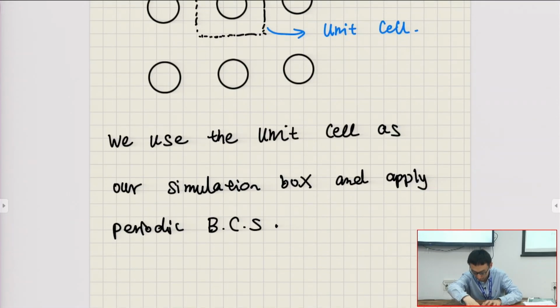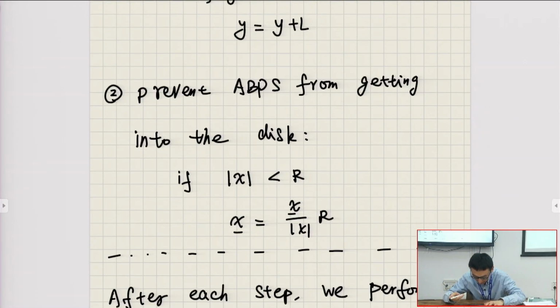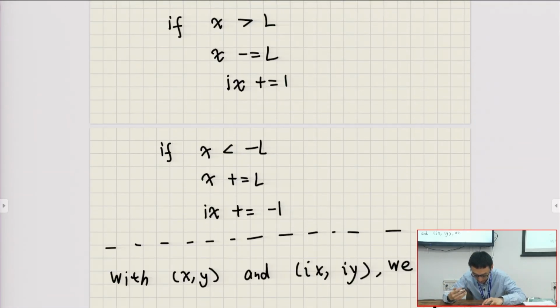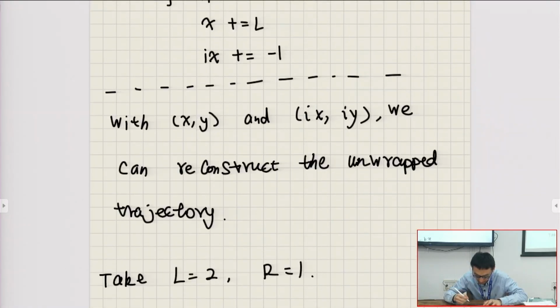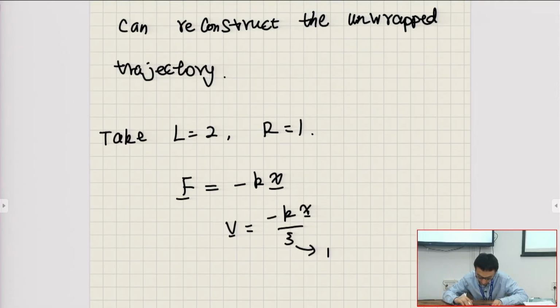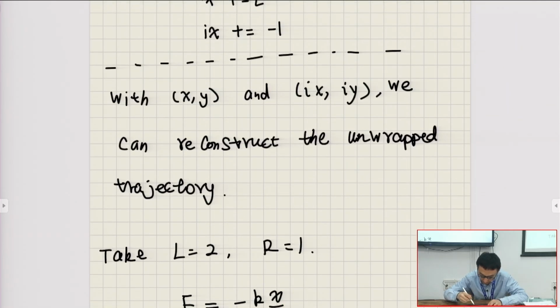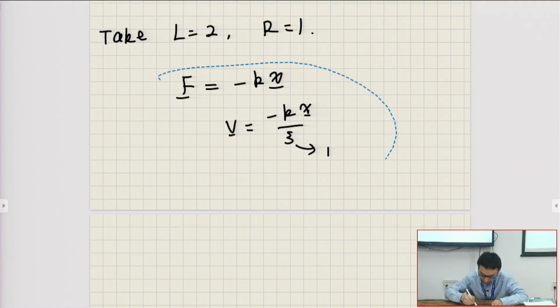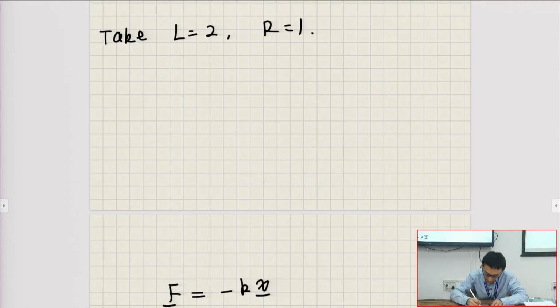Then to recap, to get back your absolute position, what you would do is the following. Let me write that out here. You have your index, say that's Ix in the X direction. That's the total number of crossings, a signed number.